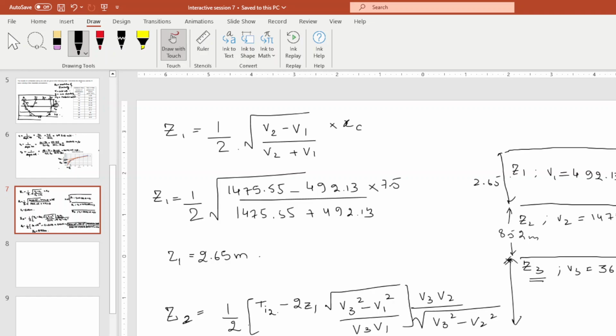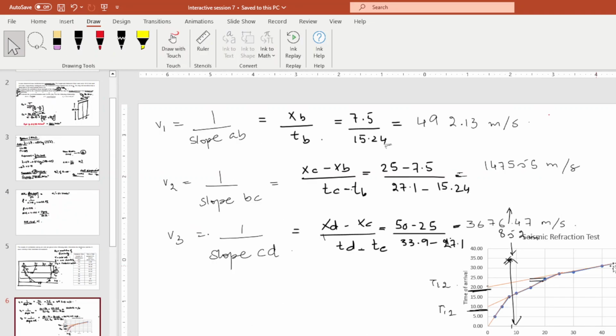You don't need a height for that. This is like the bedrock. If we had four different layers, then we would have calculated Z3.